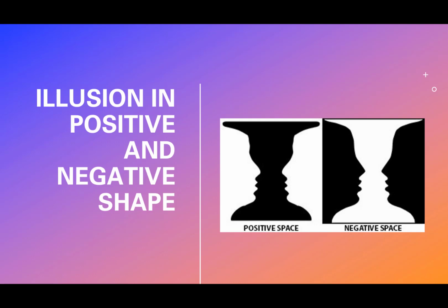Here's an example. It depends on what is positive here. It's the same picture, but they reversed what was positive and what was negative. So this looks like a vase, or a candle holder, either or.